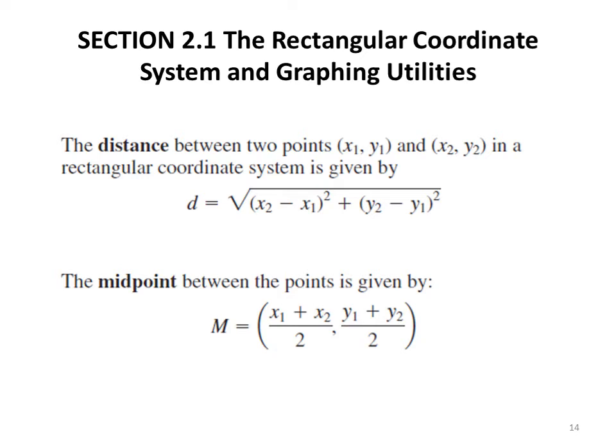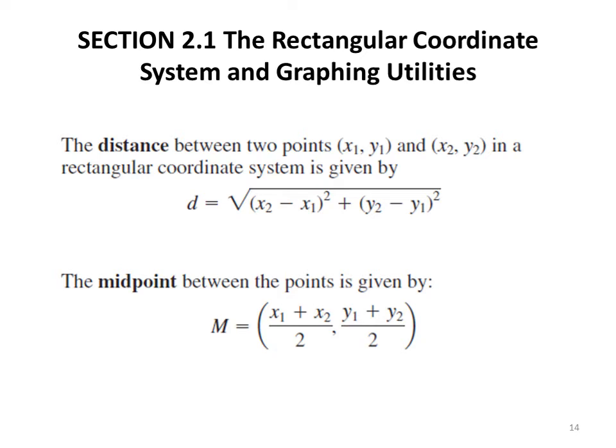Here is our first point, x1, y1, and the second point is x2, y2. The distance is defined to be d equals the square root of x2 minus x1 squared plus y2 minus y1 squared. You take the difference of the x values, square it, and then add it to the difference of the y values squared.